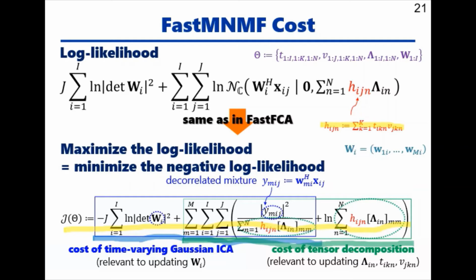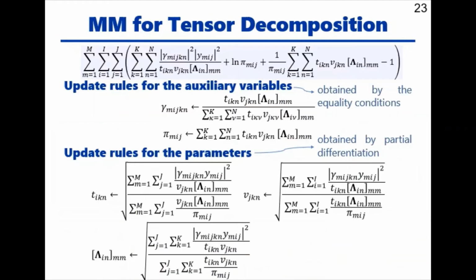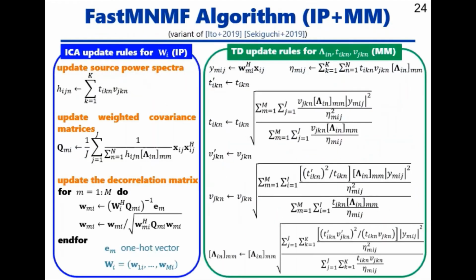For example, W can be updated by iterative projection, IP, and the other parameters by MM, which can be derived in the same manner as in FCA. We skip the derivation because it's almost the same as before. This is a pseudocode of an IP plus MM algorithm for FastMNMF.